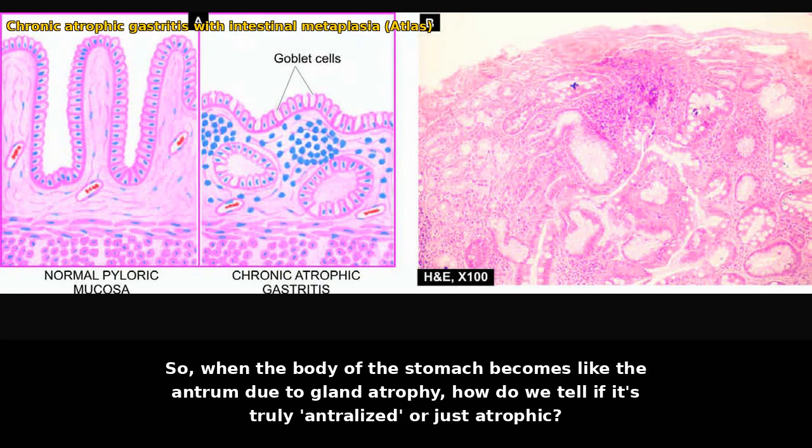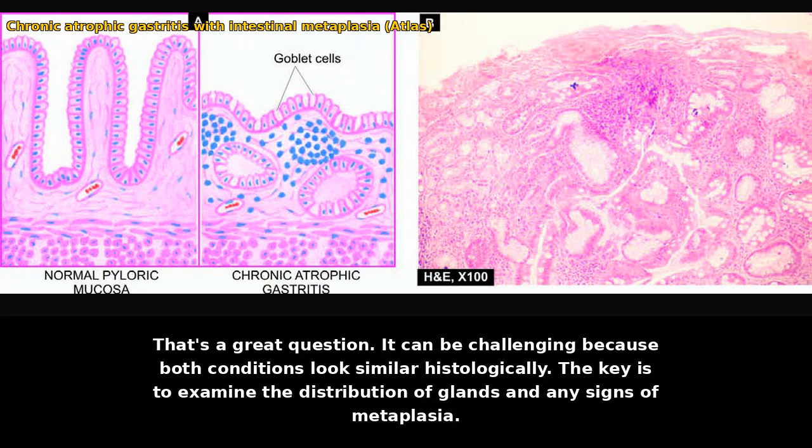So when the body of the stomach becomes like the antrum due to gland atrophy, how do we tell if it's truly antralized or just atrophic? That's a great question. It can be challenging because both conditions look similar histologically. The key is to examine the distribution of glands and any signs of metaplasia.